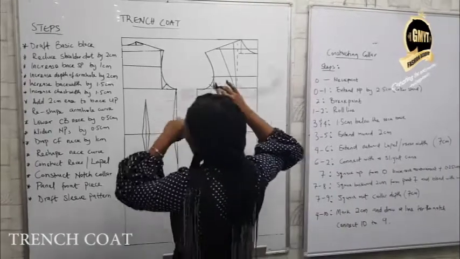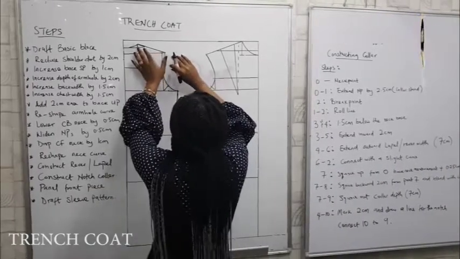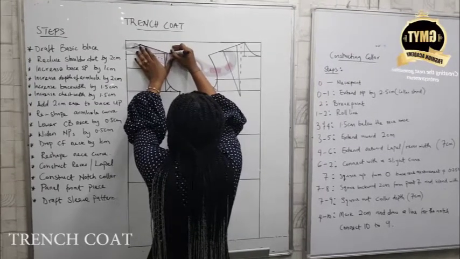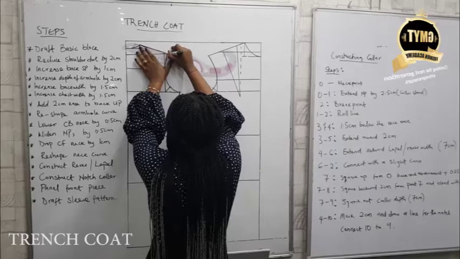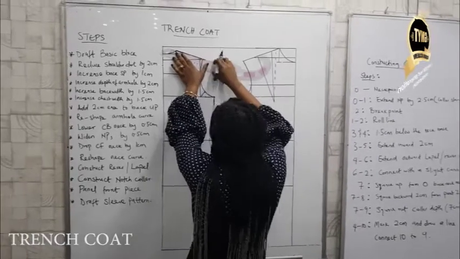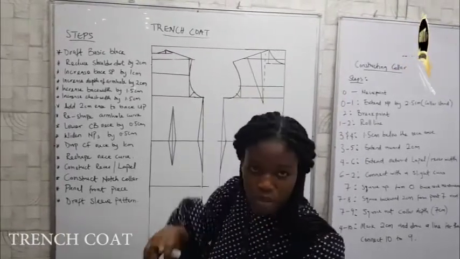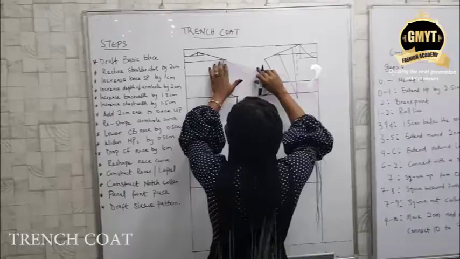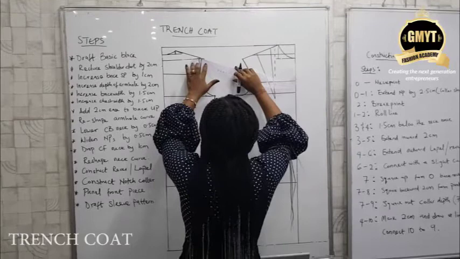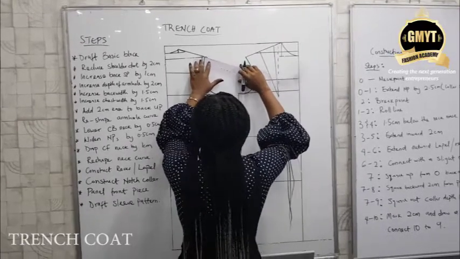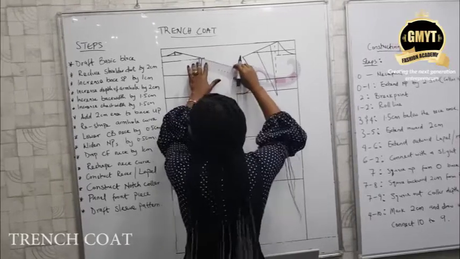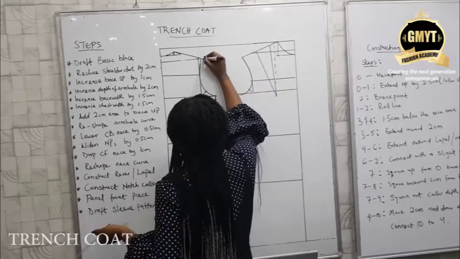So you extend your SP, just the back alone, by 1 cm. This is 1 cm right here. So this is going to be my new SP.